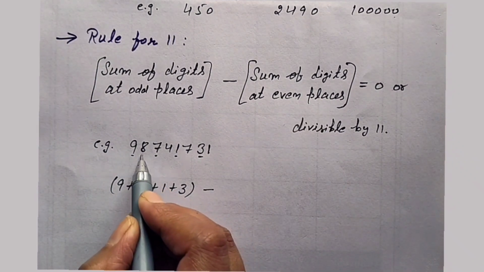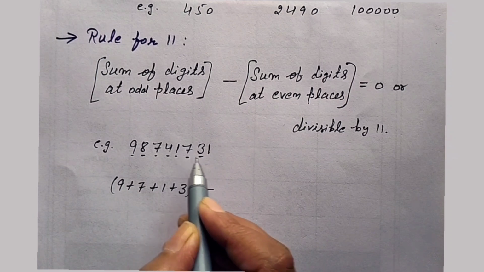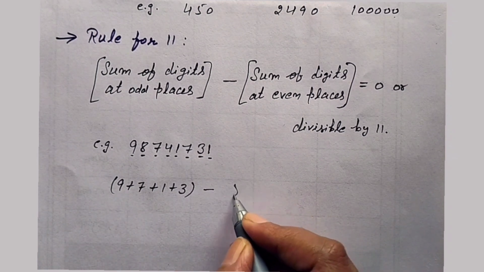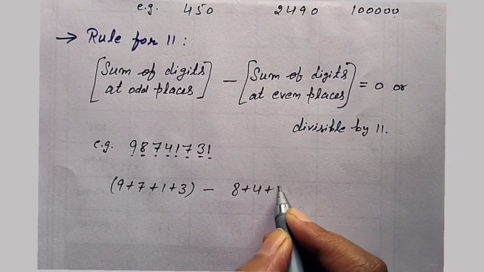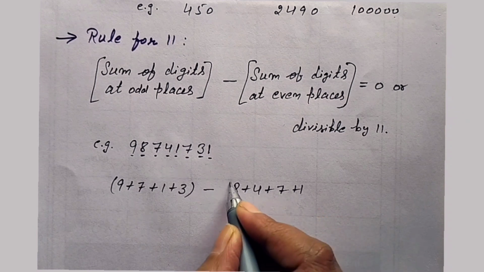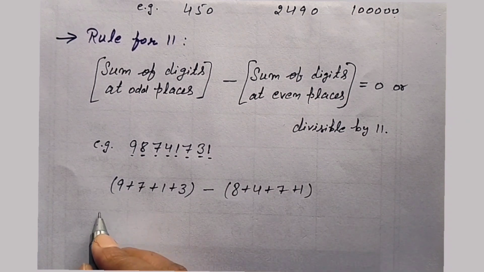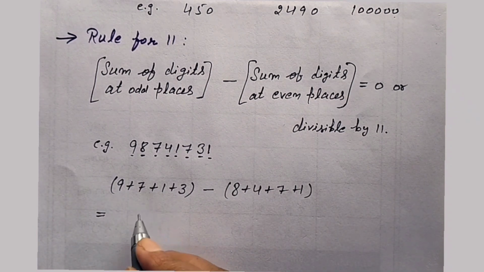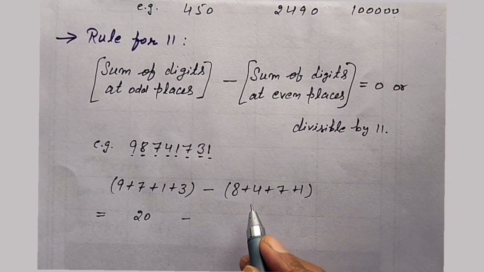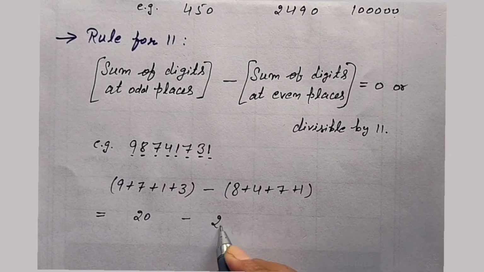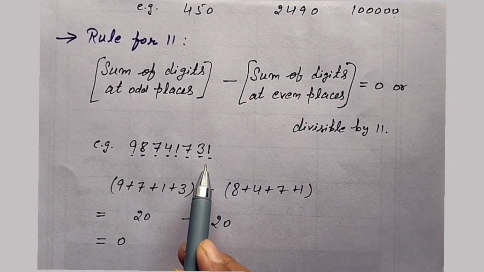So the even places are 8, 4, 7, 1. So 8 plus 4 plus 7 plus 1, which is equal to 20, and that gives us also 20. So the difference is 0. That's why this number is divisible by 11.